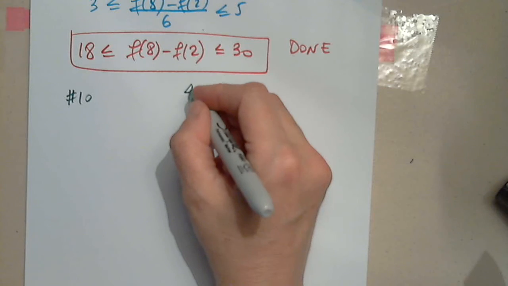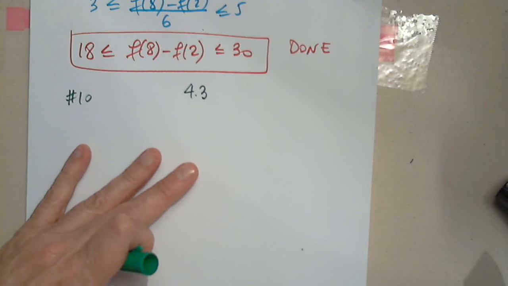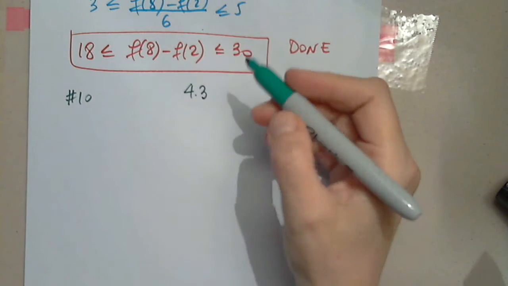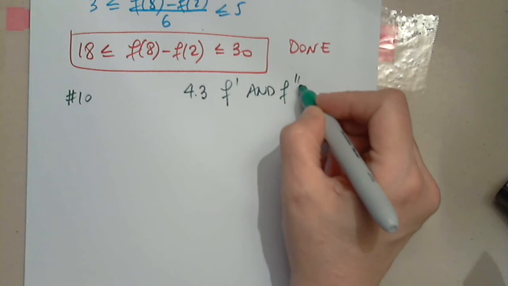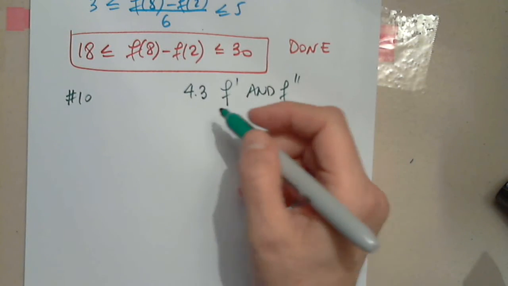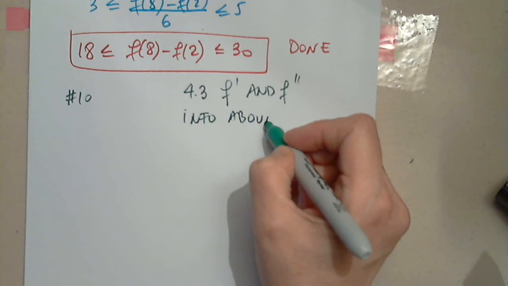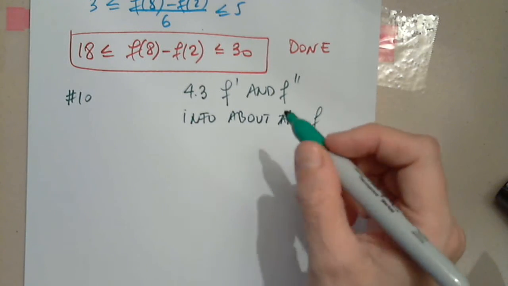So this is our section 4.3. We are talking here about the effect of derivatives on functions. So what do we learn from derivatives? First and second derivative information about a function, let's just say, f of x.